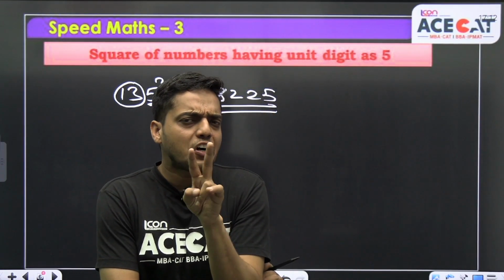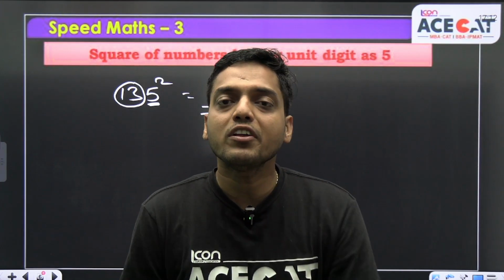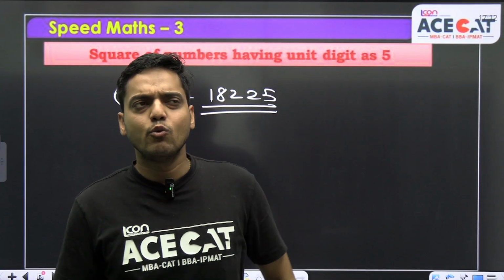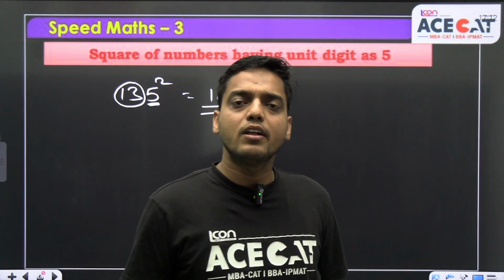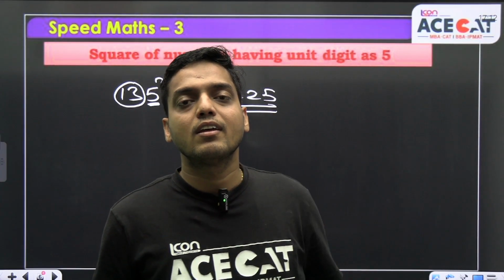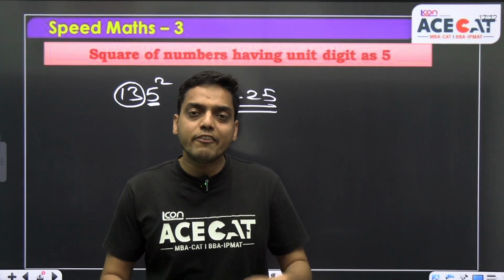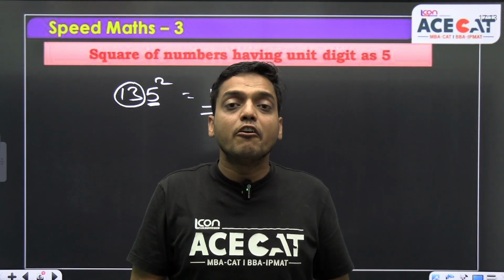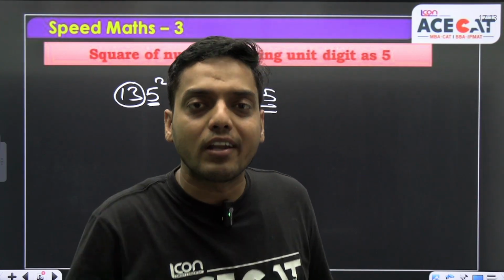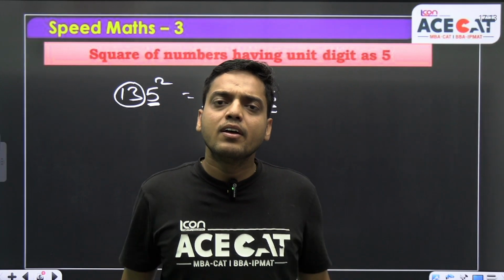Students, you need to do 13 into 14. Do you know what is 13 into 13? You will say, very easy, sir, the square of 13. We all remember 169. Now if I tell you, add 13 in 169, will you get 13 into 14? You will say, definitely, sir.